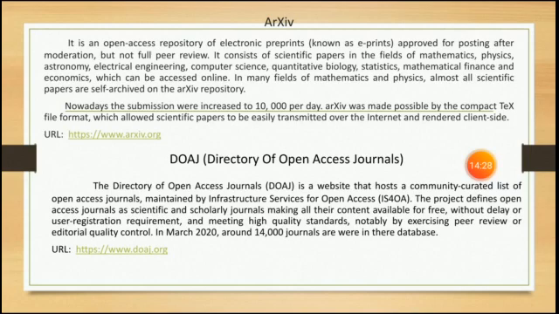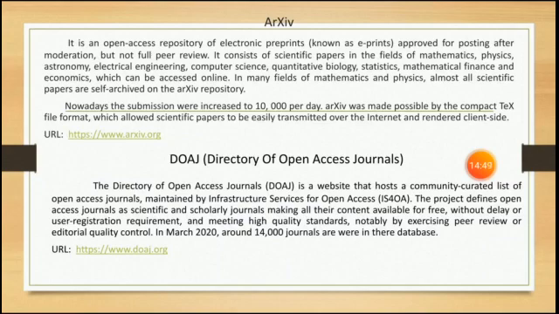Nowadays, the submissions have increased to 10,000 per day. So you can think of how the publications and the research are growing in this field. It was made possible by the compact text file format, which allowed scientific papers to be easily transmitted over the internet and read client side.